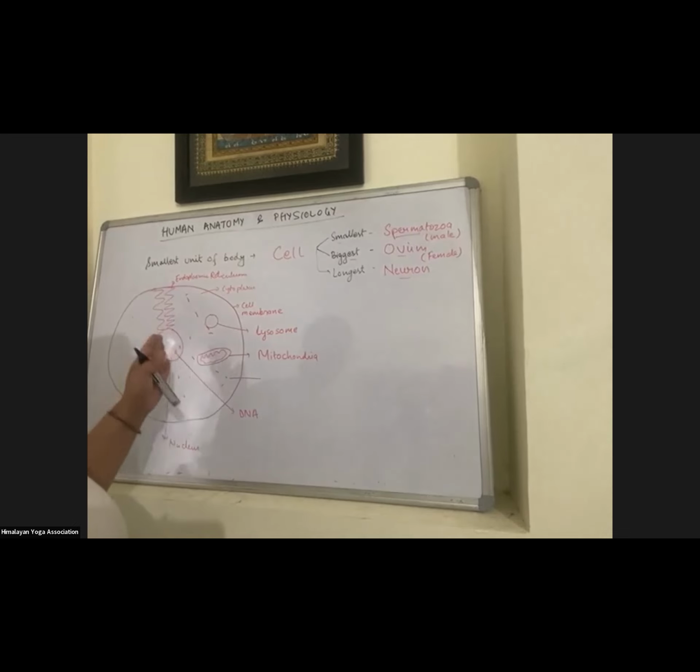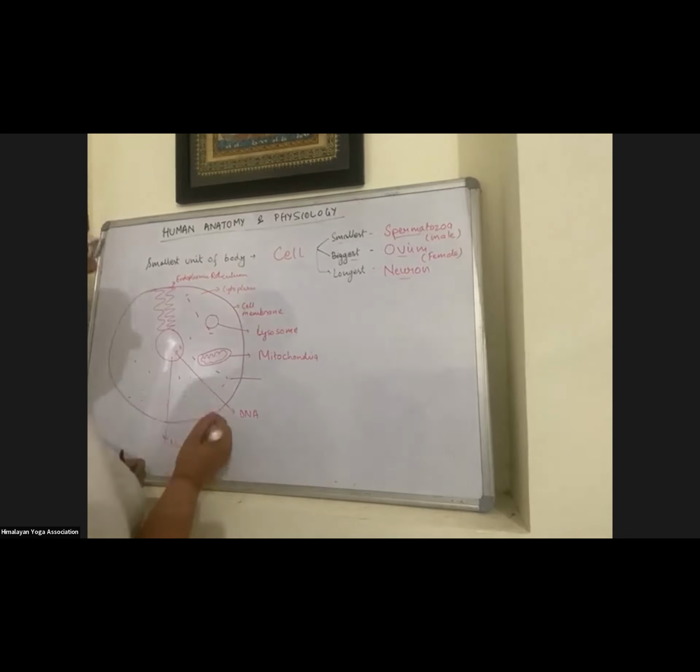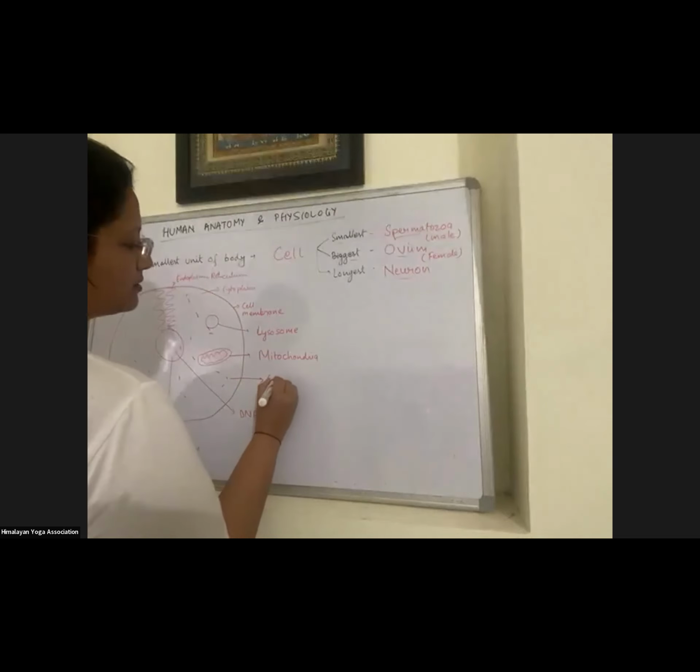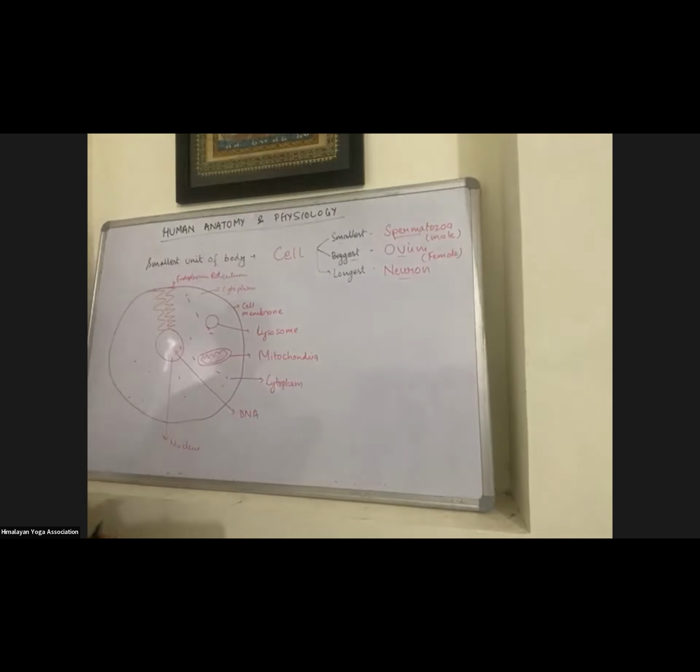In a cell, they're called organelles. Okay, this is cytoplasm. So this is endoplasmic reticulum, cytoplasm. Okay, I've already written cytoplasm.